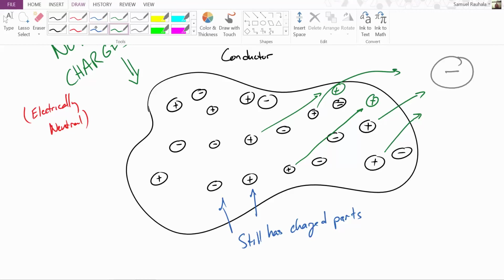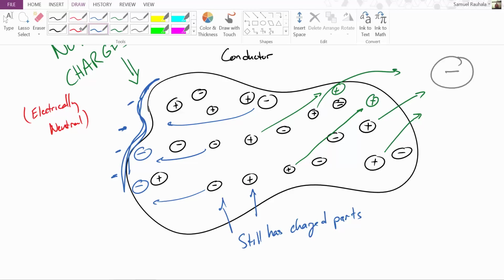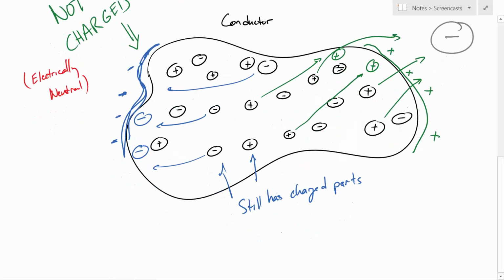Meanwhile, all of the negative charges, the electrons, they're like, oh no, not into this. They start moving here and pile up on the other wall. So we get a buildup of negative charge on this end of the conductor. All these minuses just chilling out over there. And we get a buildup of positive charge on this end of the conductor. The conductor still winds up being neutral. We've just shifted where the charge wants to hang out.